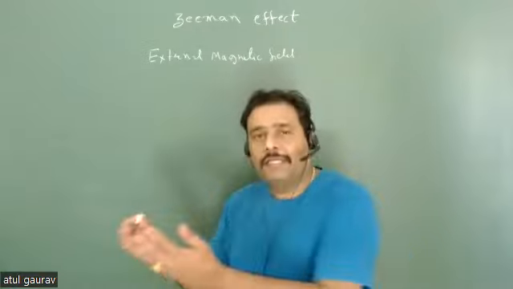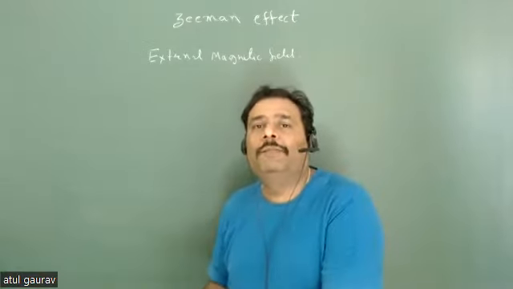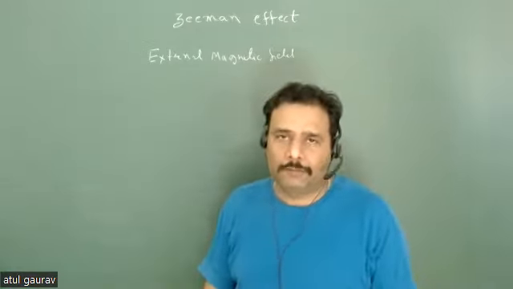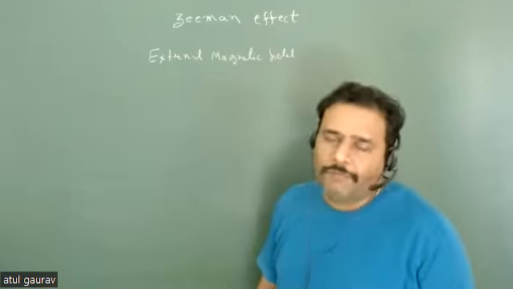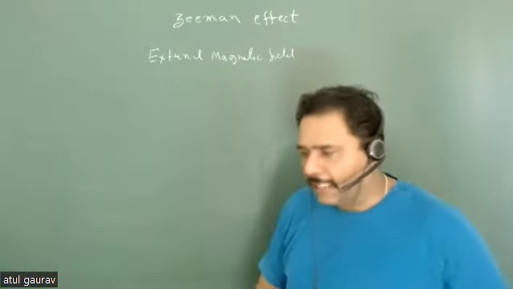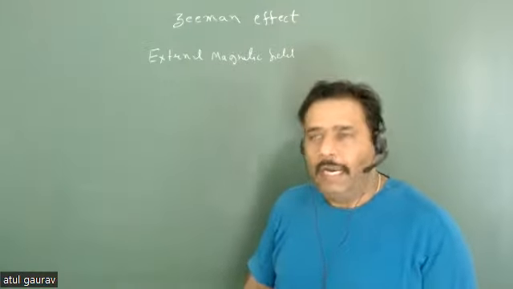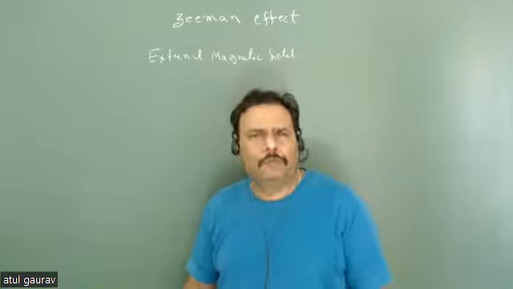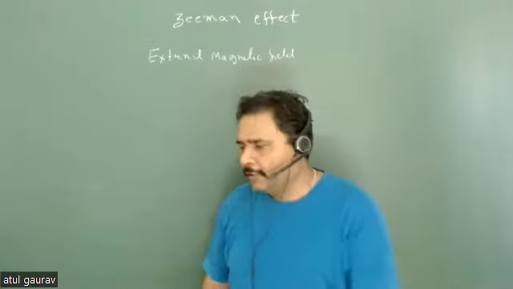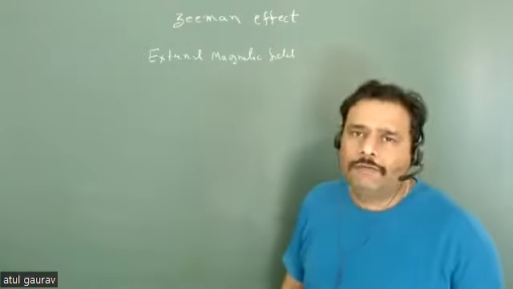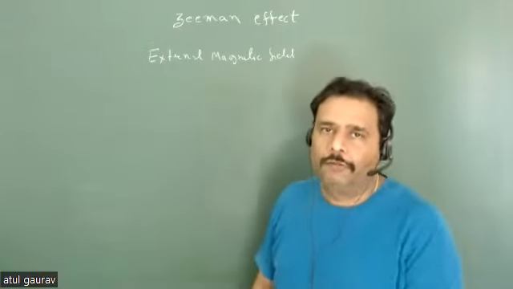Once quantum mechanics came into the picture, it mathematically explained this experiment. So this is a very interesting thing. First we will discuss the normal Zeeman effect in an ideal case, and then we will discuss the anomalous and Paschen-Back Zeeman effect for different conditions. The normal Zeeman effect will give you an idea of what is going to happen.